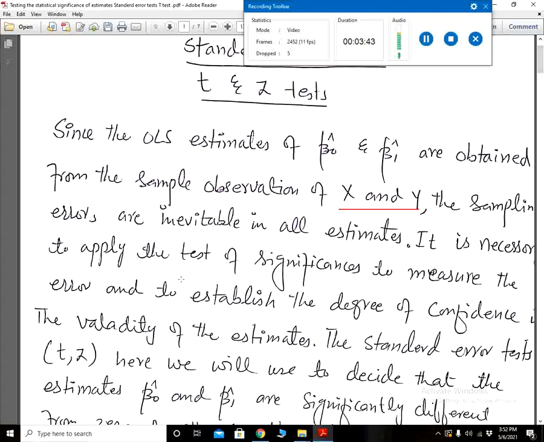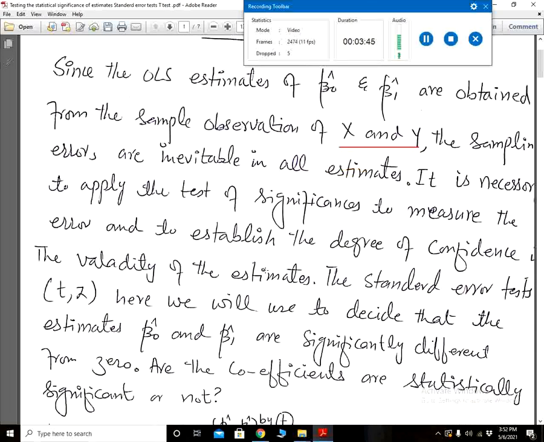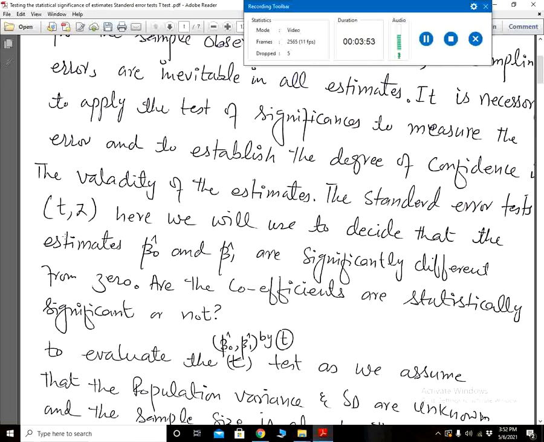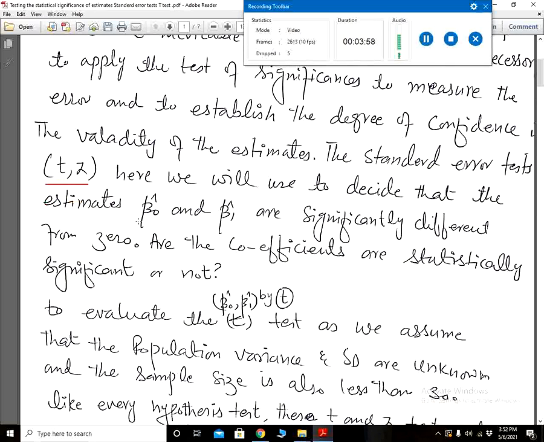It is necessary to apply the test of significance to measure the error and to establish the degree of confidence in the validity of the estimates. The standard error tests, t and z test, here we will use to decide whether the estimates beta naught and beta 1 are significantly different from 0. In the previous lecture we stated that if they are not equal to 0, it means that they have some value, positive or negative.